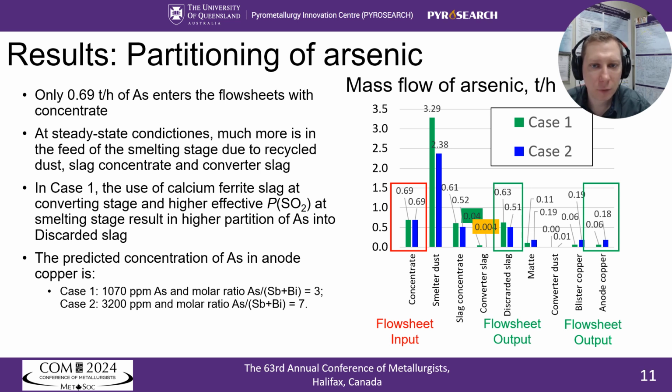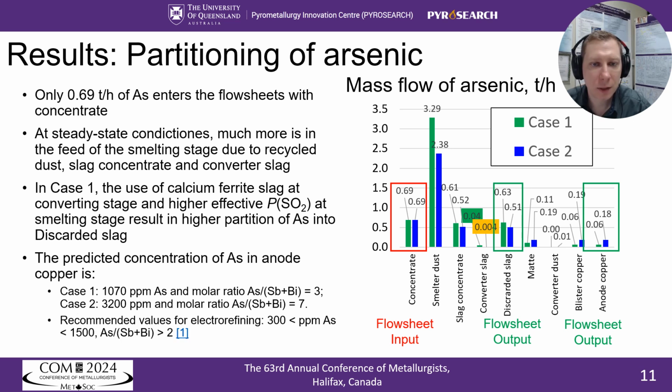One should be careful about the absolute values, since there are many assumptions in the model and the model is still a much simplified representation of reality. But qualitatively, the conclusions about case 1 and case 2 are meaningful.